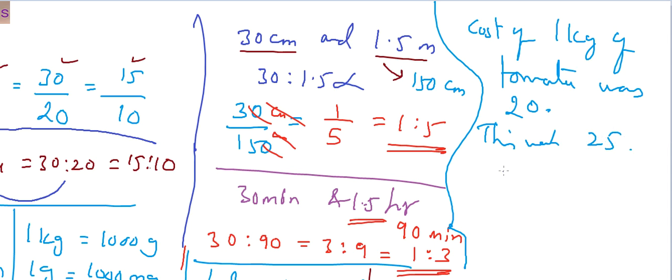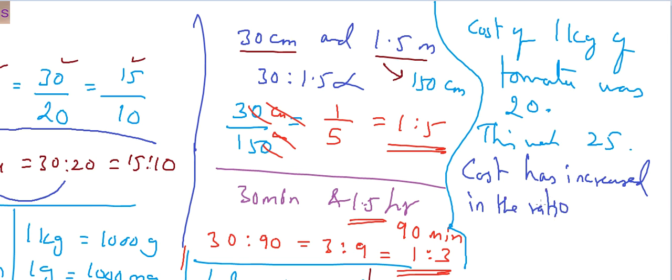So how to express this as a ratio? We can say the cost has increased in the ratio 20:25, or in the simplest form 4:5.